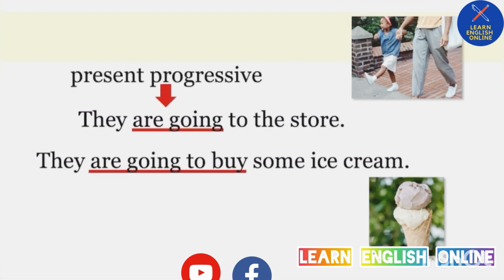So the first sentence is present progressive. This is the be verb plus the ing, and this tells us this is happening right now. The second sentence is the future. We use be going to plus a verb to form the future. Let's look closely.